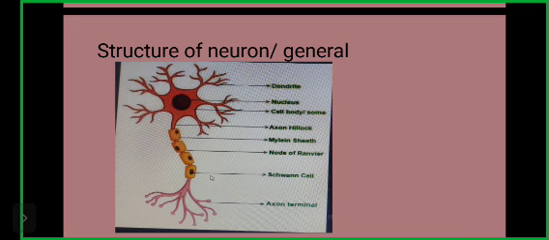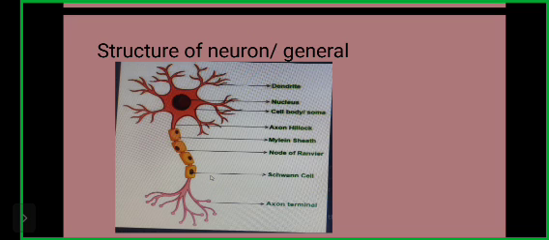So we can have the cell body itself. The cell body has the nucleus. Because we have said the dendrite takes impulses or signals from other neurons to the cell body, the cell body processes them, before the signal goes on to the sensory neuron.